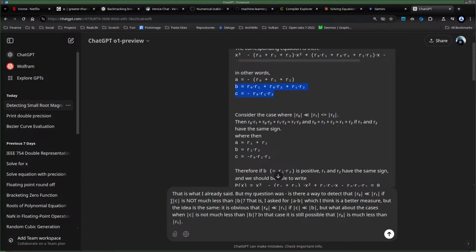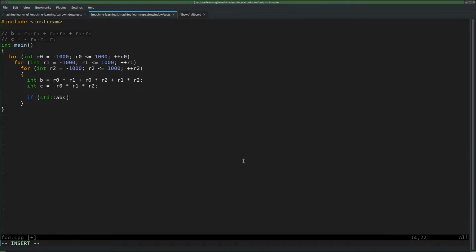So in the case that C is not much less than B, let's say much less is 100. If it's much less, then it is less than a 100th of this, but if 100 times that is larger than the absolute value of B, then it is not much less, I think.